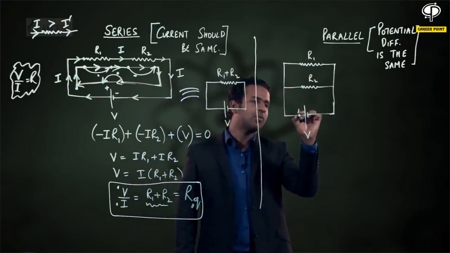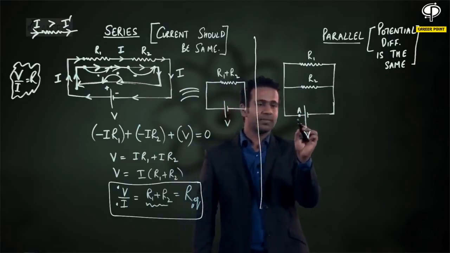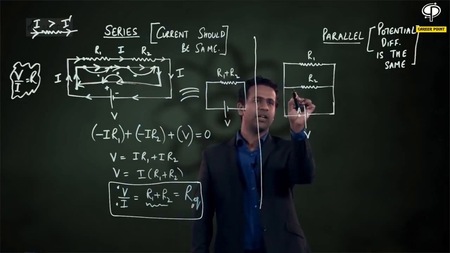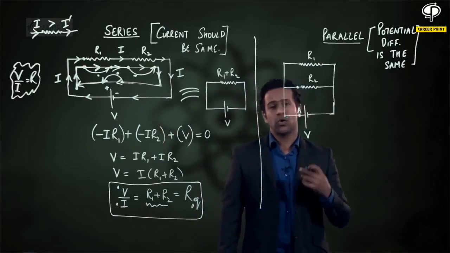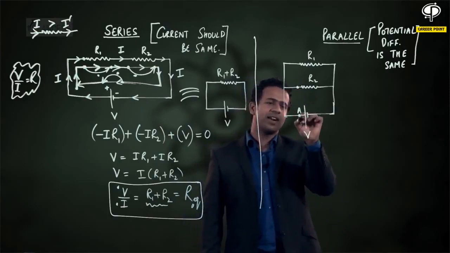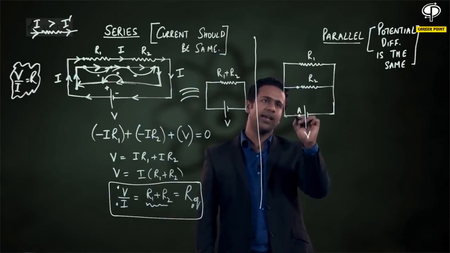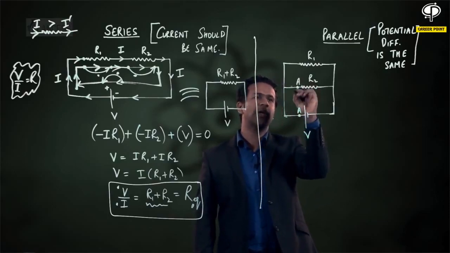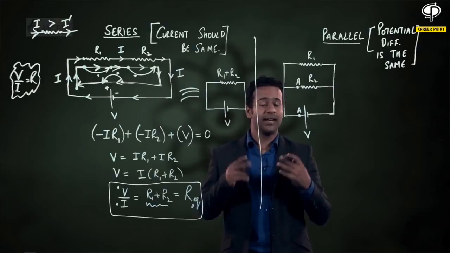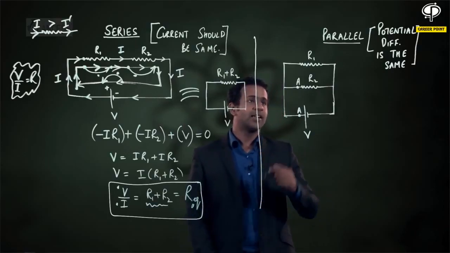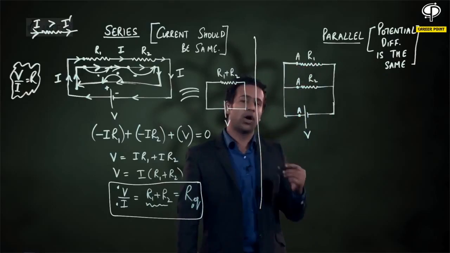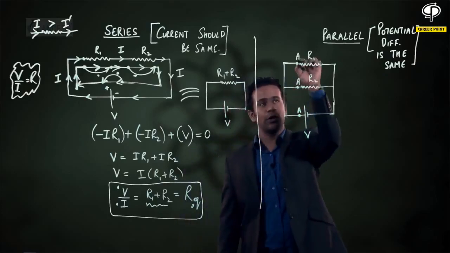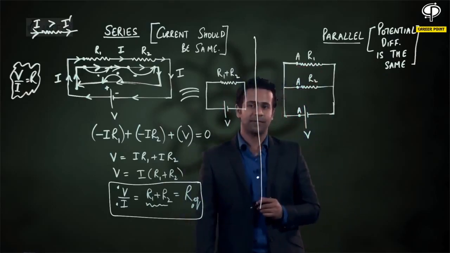Let's say this is point A. Then from this point to this point, the potential is the same. So in a way, we could say that if this point is being called A, then this point can also be called A in terms of potential. Similarly, this point can also be called point A because all three of them have the same potential.